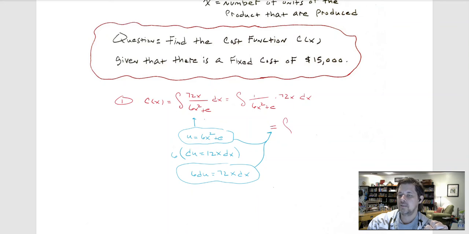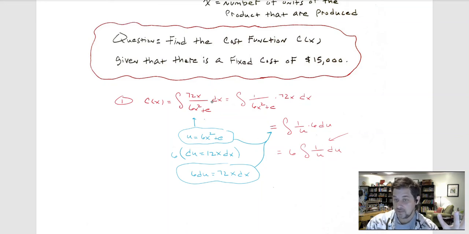It's going to look like this, 1 over u, and then 72x dx is going to be 6 du. So this is 1 over u times 6 times du. What about the 6? The 6 is just a constant. I can factor it out. When we solve antiderivatives or indefinite integrals, we factor out constants is fine. I do like that. And now my rule applies. Right here is when I've gotten something that is too complicated for one of my basic rules to apply. And now I've got it so that it works.